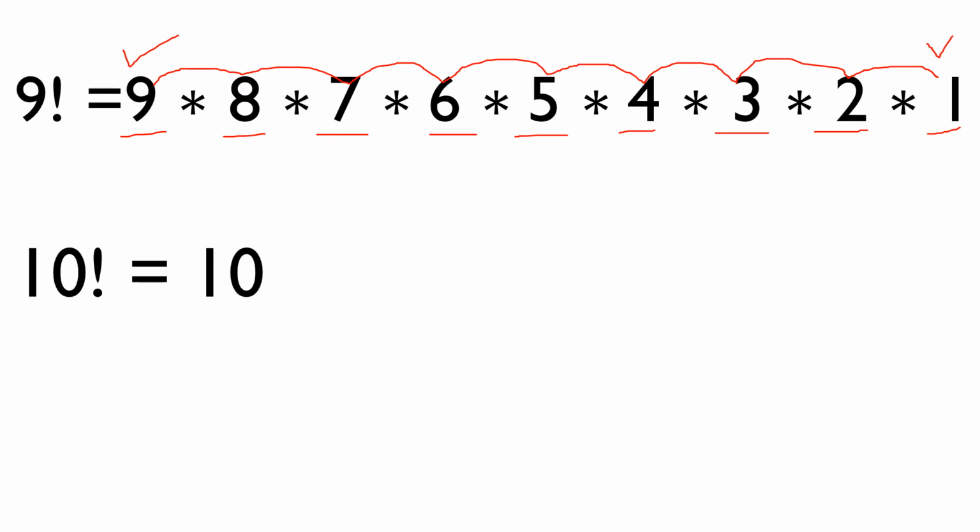Now, looking at 10 factorial. 10 factorial is the same as 10 times 9 times 8 times 7 times 6 times 5 times 4 times 3 times 2 times 1.